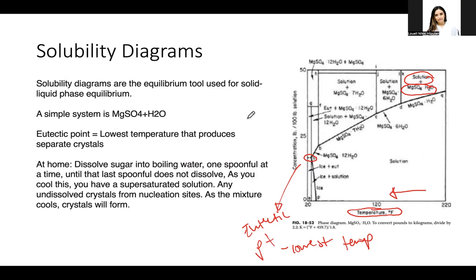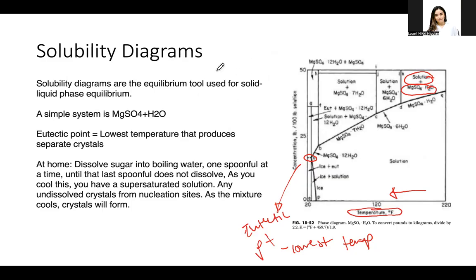So in a real-world setting, usually in our homes, we dissolve sugar in boiling water. And if you keep adding sugar, for example, one spoonful at a time, you keep adding until you reach the last spoonful that does not dissolve anymore.